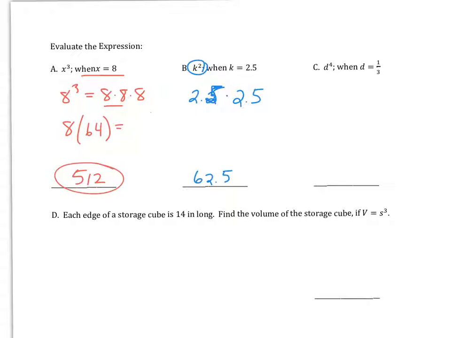Now, reminder on this, okay? When you're multiplying and you've got 2 decimal places, shouldn't your answer have 2 decimal places? So shouldn't we change our answer from 62.5 to 6.25? Okay?